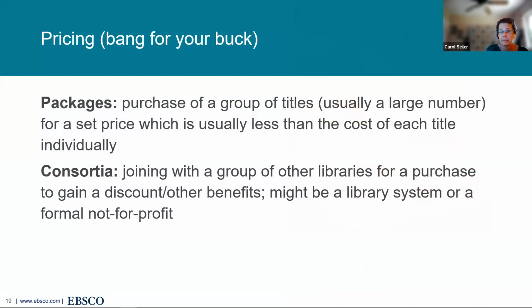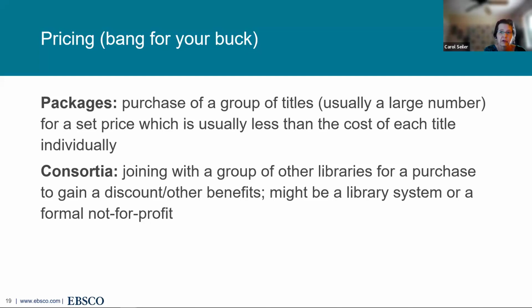For bang for your buck for pricing, packages can be a good deal for you. Be aware of, am I going to use that information? If you're looking at, say, transformative agreements, read and publish, am I at a junior college or community college and we're really not publishing?